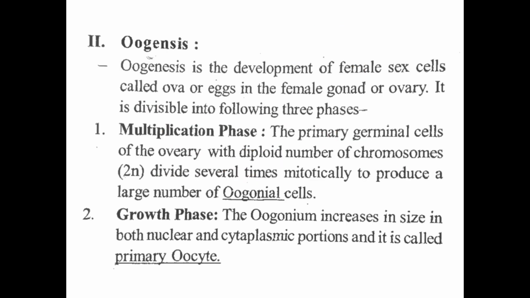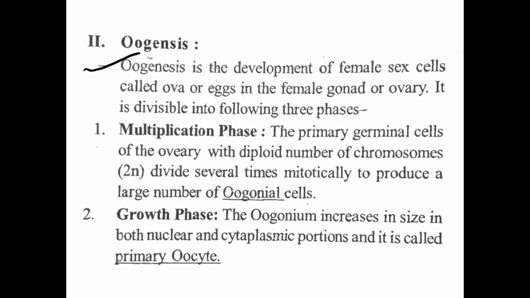Next, oogenesis. What is oogenesis? This is very simple. Oogenesis is the process by which haploid ova are produced from the diploid germ cell of the ovary.